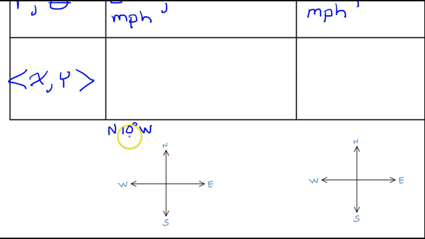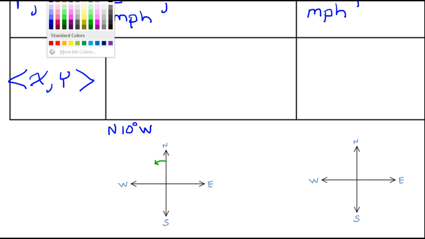When a direction is given in this form, north 10 degrees west, the north means start by facing north and then turn 10 degrees in the direction of west. So we're going to start at north and then we're going to turn 10 degrees in the direction of west.